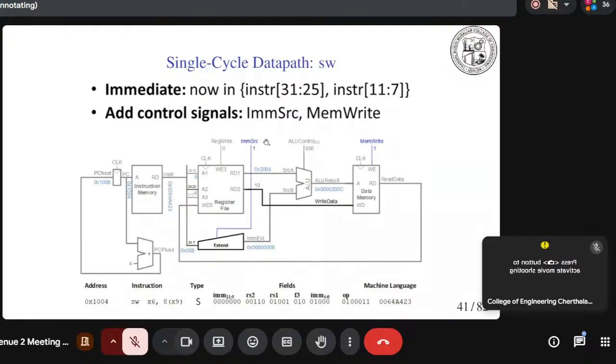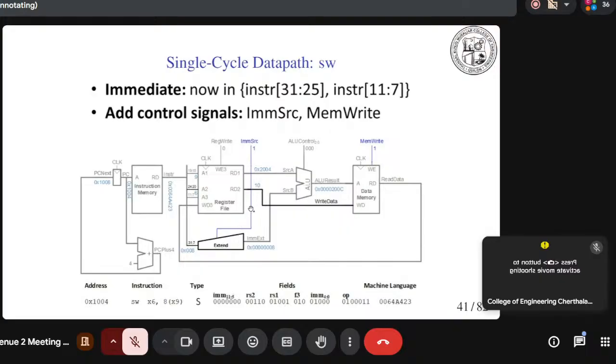The immediate source control line is 1. So with this control signal, the extender understands that it is a store word instruction. Also here the immediate value is +8, so you don't need to add the sign.